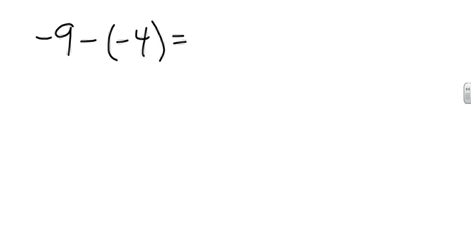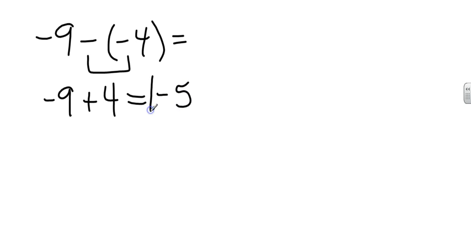So in this case, when I take a negative times a negative, that will make a positive. So that's going to be negative 9 plus 4. Now my negative 9, the 9 is bigger than the 4, so I know my answer is going to be negative. And from 9 to 4, there are 5 spaces.